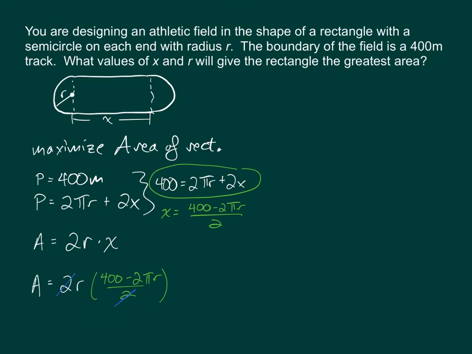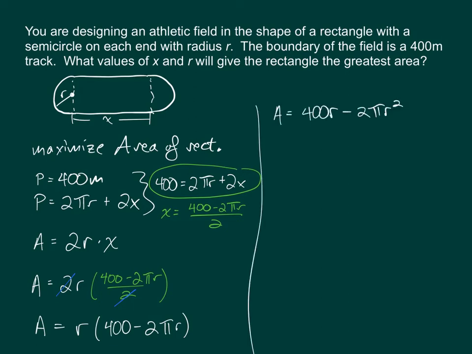So now the area is r times 400 minus 2 pi r. And to make this even simpler, I don't want to do a product rule here when I find the derivative. So I'm going to take this r, multiply it through, and get A equals 400r minus 2 pi r squared.